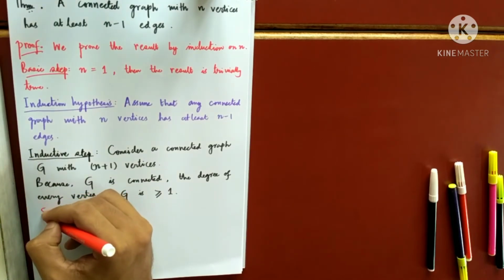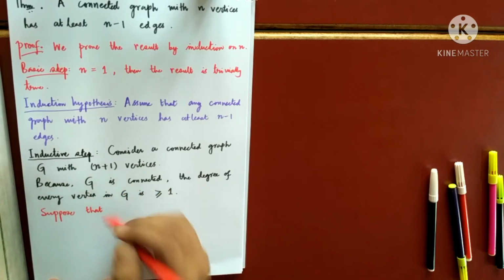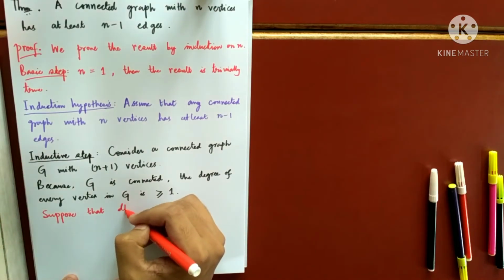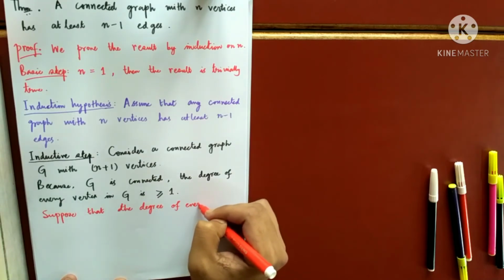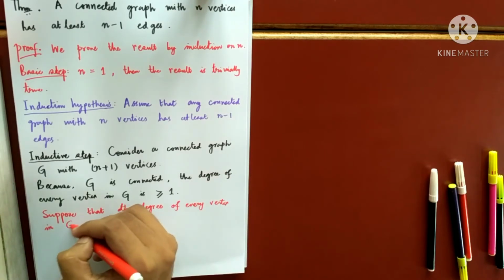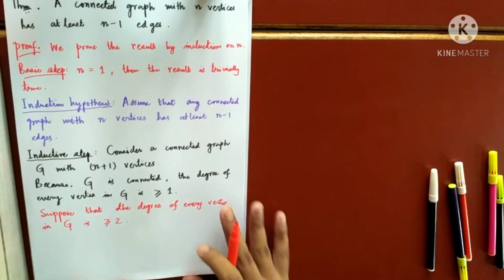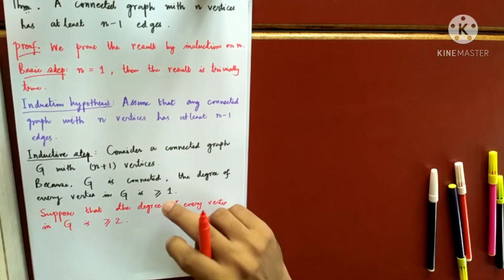So this is the first case I will be proving under this condition. Suppose that the degree of every vertex in G is greater or equal to 2. Don't get confused. We just know that the degree of every vertex in G is at least 1.